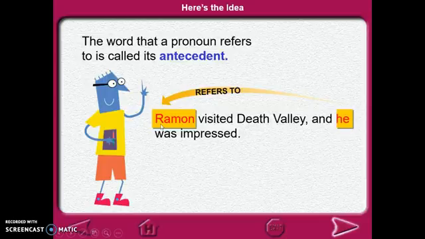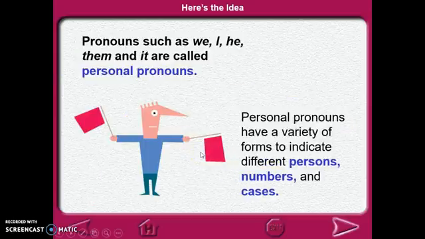So it keeps us from having to say it twice, and that's what the antecedent is. Okay, pronouns such as we, I, he, them, and it are called personal pronouns. They refer to a specific person. And that's what we're mainly talking about when we're talking about antecedents. So we're mainly talking about the personal side of the pronouns themselves.